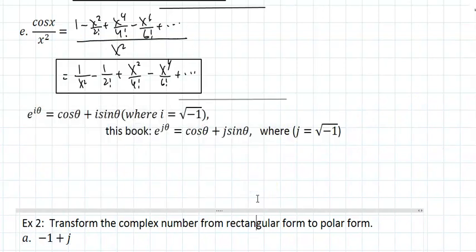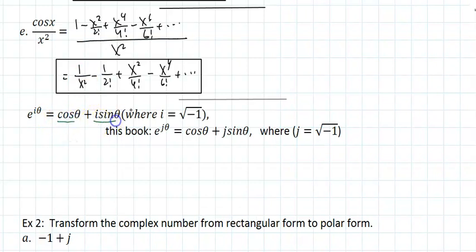E to the i theta is the cosine of theta plus i times the sine of theta, where i is the square root of -1, and if you square both sides, you get a -1. This book doesn't like i, they use j, which is the same thing. Same idea. So, keep in mind the way this works.